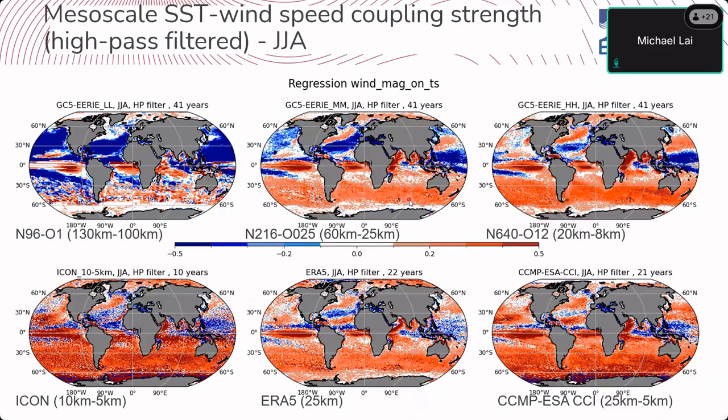This has been presented before, so this is probably the first EERIE slide on the coupling to show that at the mesoscale, so at the high pass filtered scale, as you go from low to middle to high resolution, the coupling strength, so this SST wind speed coupling, looks extremely different in the high resolution model and begins to look like observations, although there are still areas in the Atlantic and elsewhere where it's not perfect.